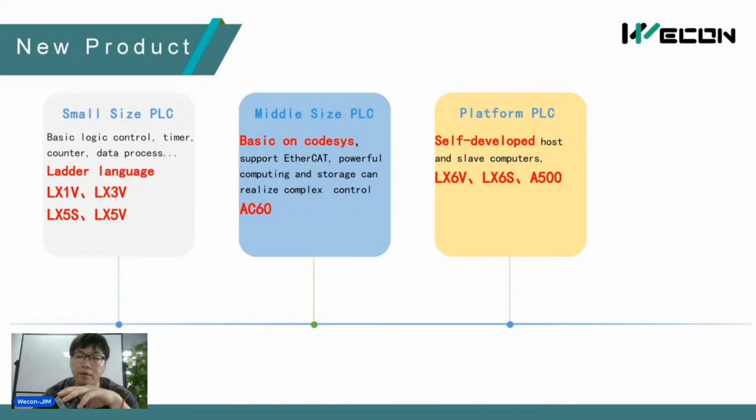For this type, we have 6V, 6S, and A500. This one, you can see, is the LX6V PLC. Compared with this A500 series, you can see A500 is much smaller than our LX6V series PLC.